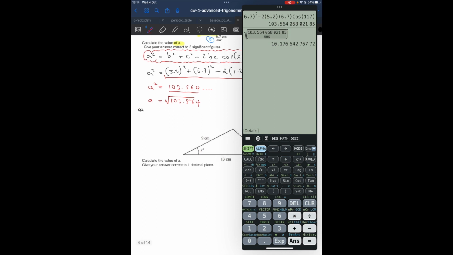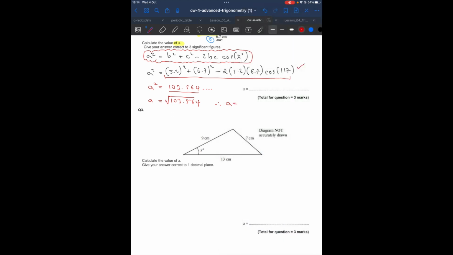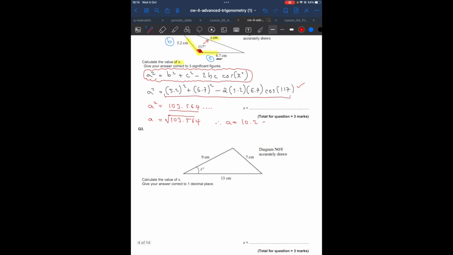And that gives us a value for A of 10.16 or 10.2. So A is going to be equal to 10.2, and the units are going to be centimeters to three significant figures.